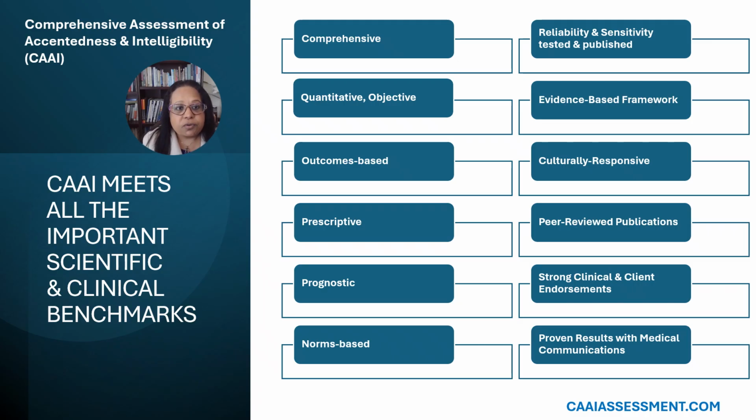And then we also use scores to decide if the client has met all the goals and is ready for discharge. So again, it's quantitative, which then leads to very outcomes-based results that are not decided by just the clinician's judgment, but rather the scores decide.